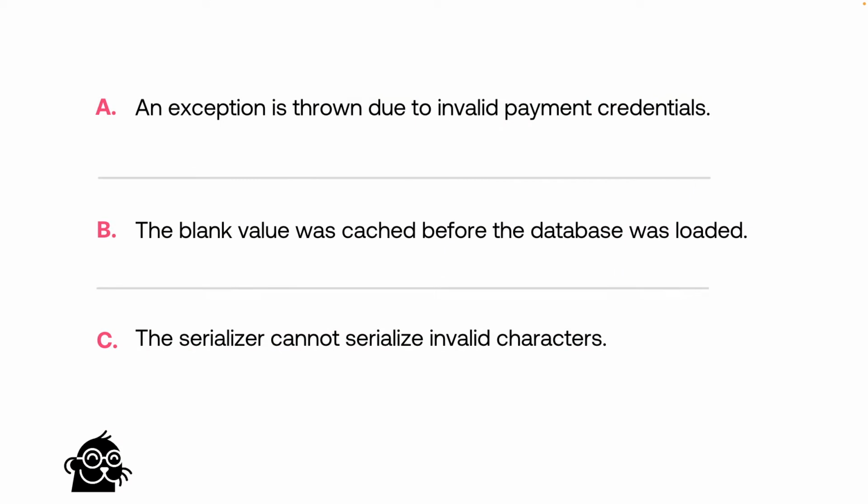Okie doke. So let's take a look at each one of these individually and see why or why not this would be a legit option here. So number one, an exception is thrown due to invalid payment credentials. Now, in my experience, and maybe this is limited, I find that payment credentials are almost exclusively used in API calls, and API calls are usually used, for example, in authorization or something along those lines.